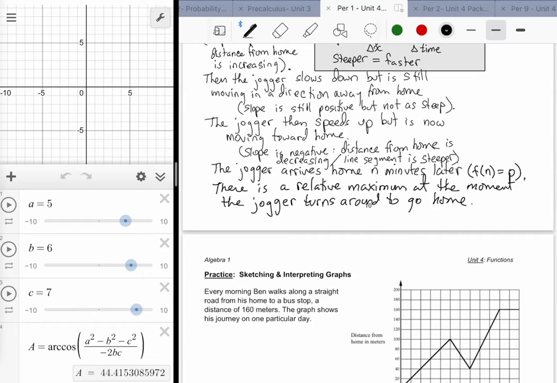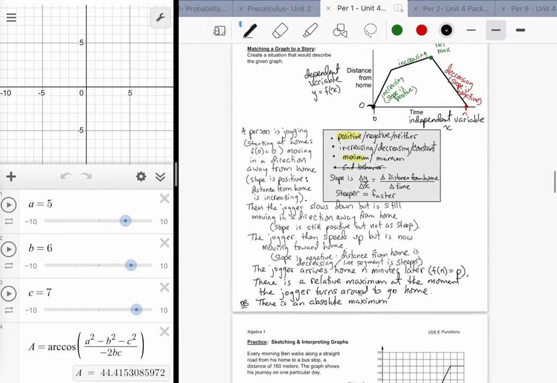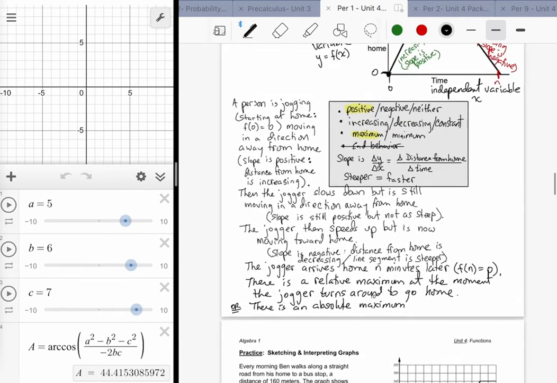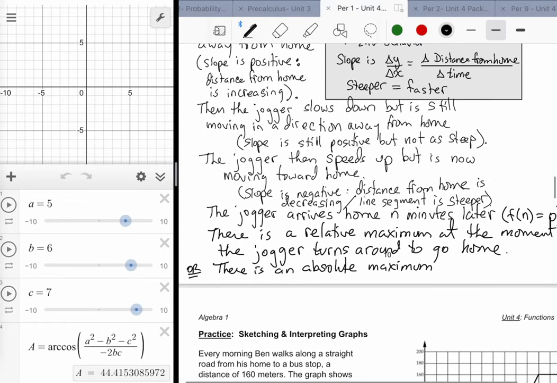But if you chose to write about the absolute, you could say there is an absolute maximum also at the moment the jogger turns around to go home, because that's the furthest distance that individual is away from home.